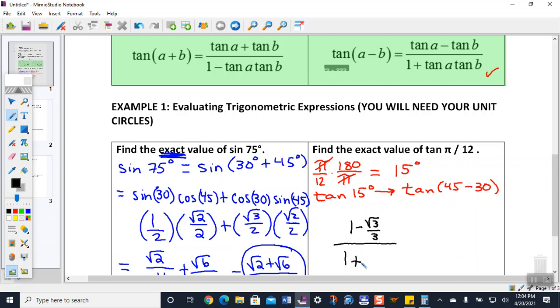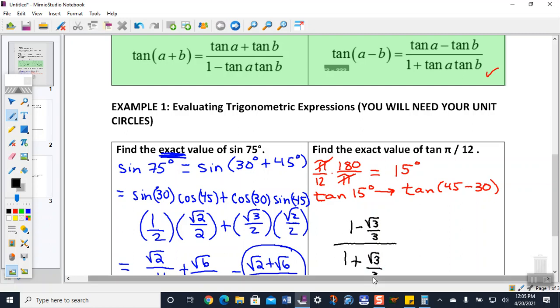Kids, what was the tangent of angle A? 1. What was the tangent of angle B here? Okay, square root of 3 over 3. So won't this be 1 times the square root of 3 over 3 right here? So 1 times the square root of 3 would just be root 3 all over what, kids?